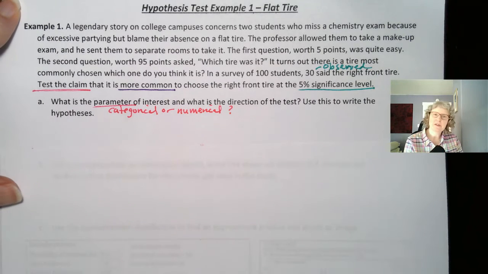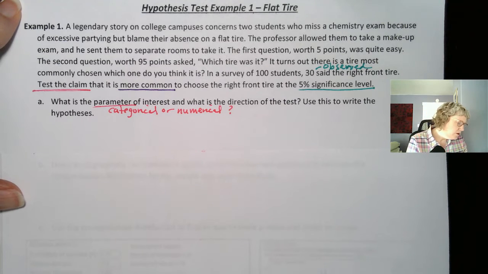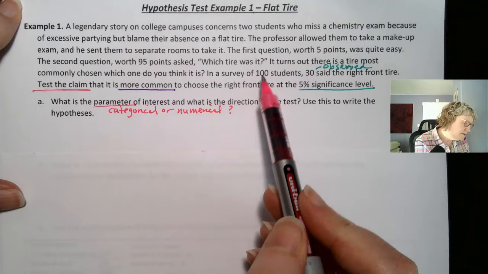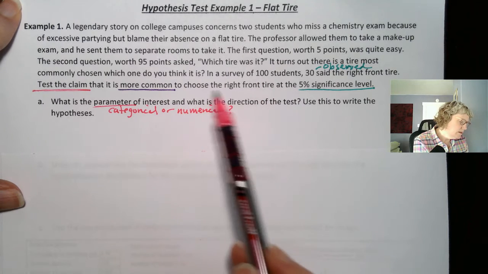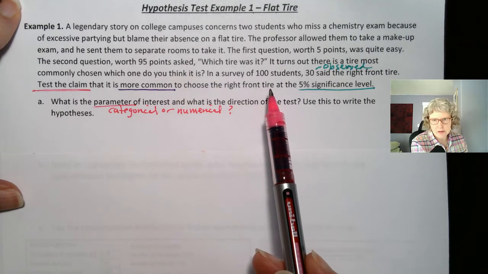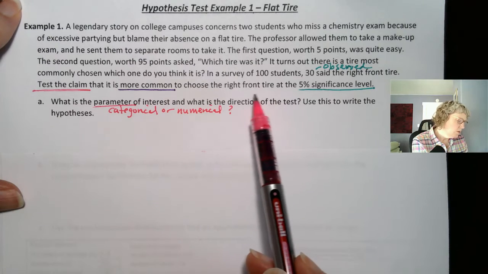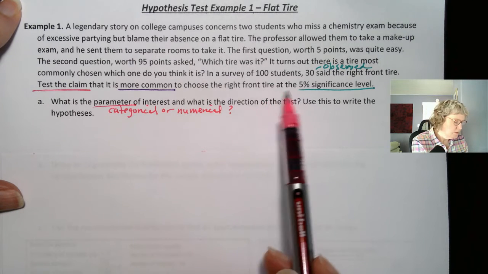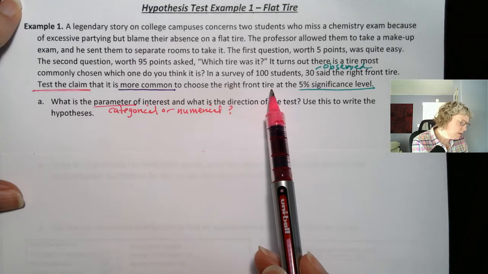We've already had a lot of situations where you have to choose the parameter, which is it p or is it mu? Okay, so if you said p, you're right, because this is like a yes-no, right? Did you choose the right front tire or not? Or did you choose one of the other three? So we're focusing on one, which is the right front tire.